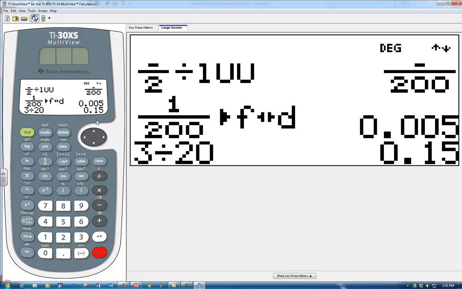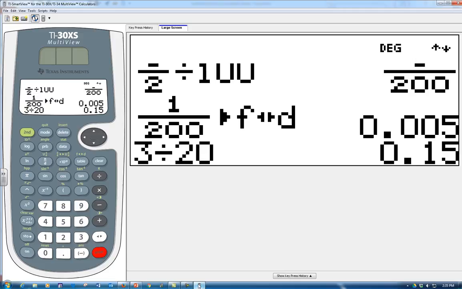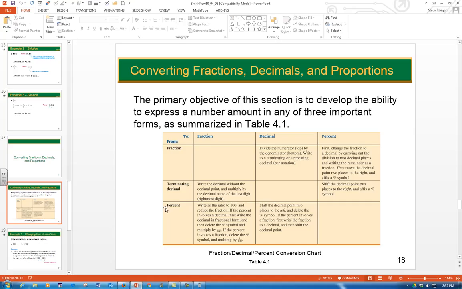That's how we would change it to a decimal. So we're looking at that example. It says if I want to change it to a fraction, it's already a fraction. So 3/20 would be right here. If we wanted to change it to a decimal, we would put 3 divided by 20, and we would write 0.15 in that chart.